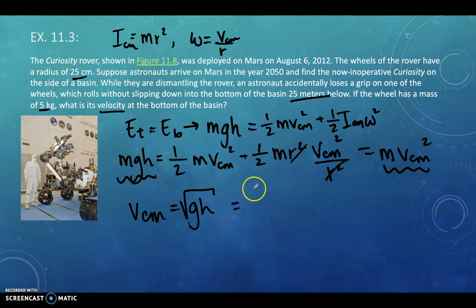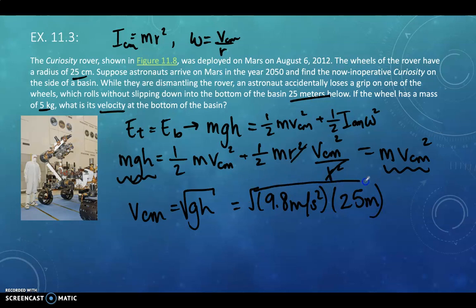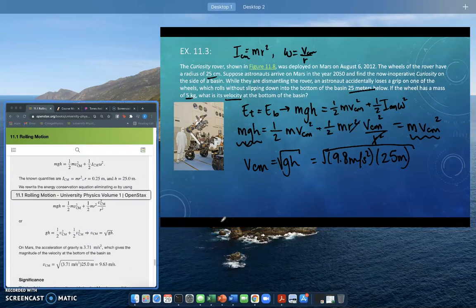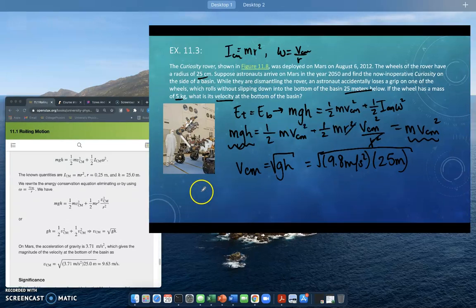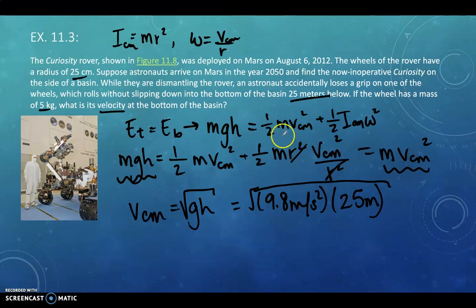Now we can go ahead and plug those values in. g is 9.8 meters per second squared. h is 25 meters, and I don't have a calculator on me, but if we go to the textbook, oh, and the acceleration of gravity of Mars is less than that. I think it's 1/6 of that, or is it 1/3?